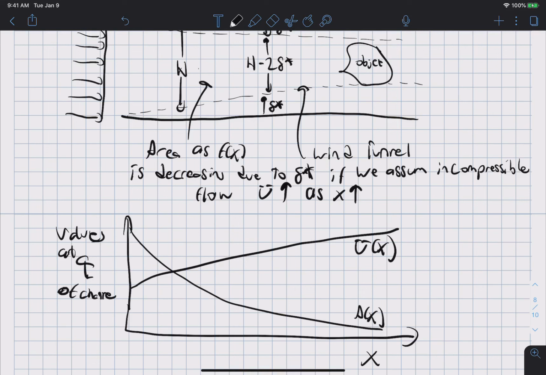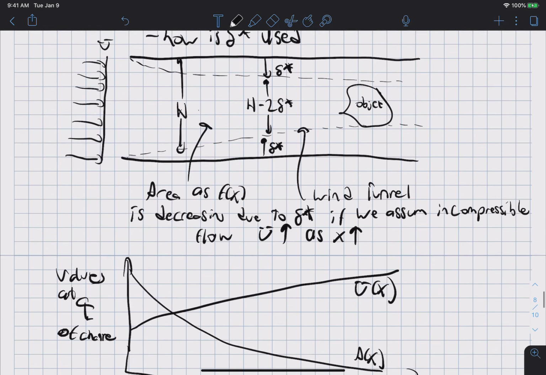Okay, and because of the acceleration, and remember that in the core here, where it has not felt the presence of the boundary layer, it is inviscid, and Bernoulli is valid.